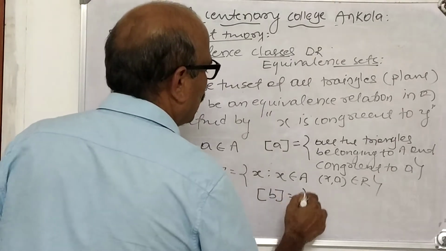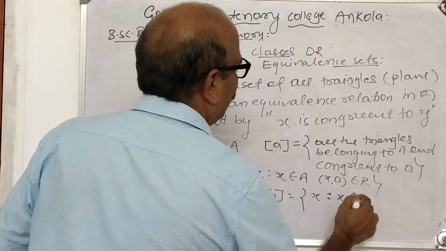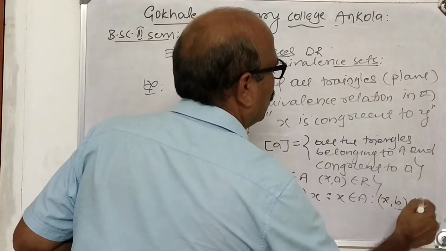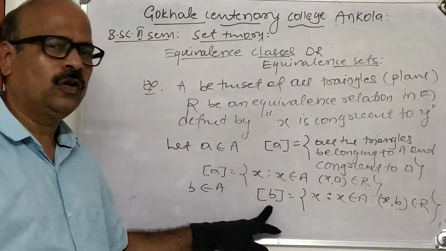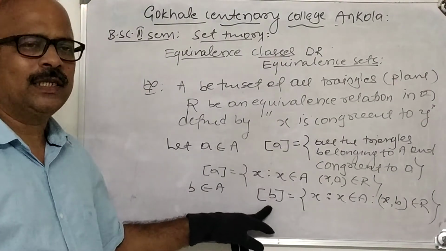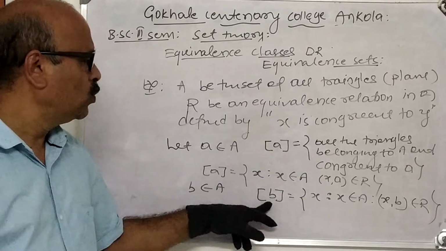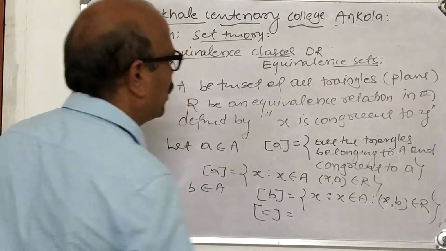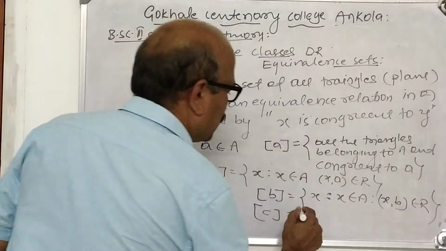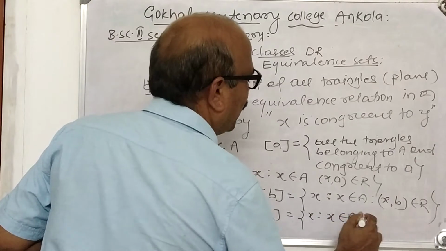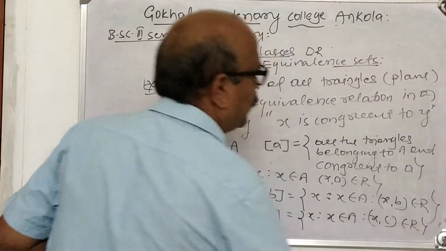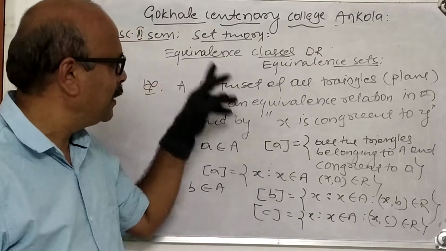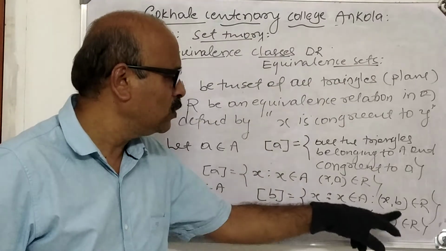The equivalence class determined by B means all the triangles belonging to A and congruent to B. This is the equivalence class determined by A, and the equivalence class determined by B. Now the important thing is these two can be different equivalence classes. Suppose C is another element belonging to A. The equivalence class determined by C means all the triangles in the set A which are congruent to C.